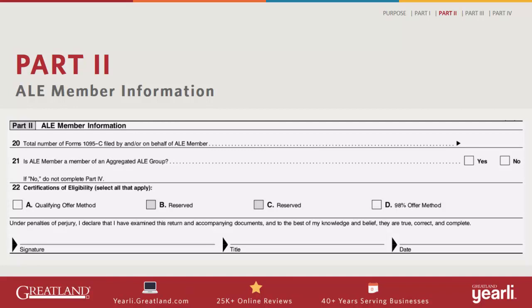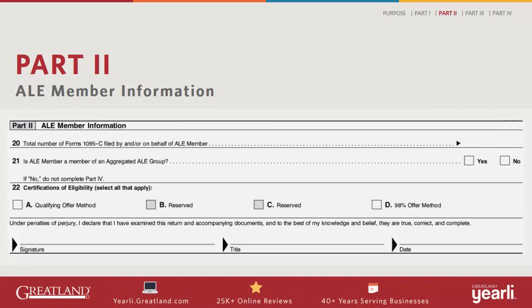On line 20, enter the total number of 1095-C forms filed on behalf of the applicable large employer. For example, let's say that the employer submits 2 batches of Form 1095-Cs to the IRS. 50 1095-C forms are submitted in the first batch, and 75 forms are submitted in the second batch with the authoritative 1094-C.